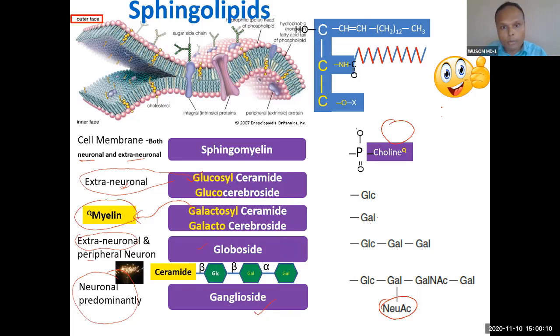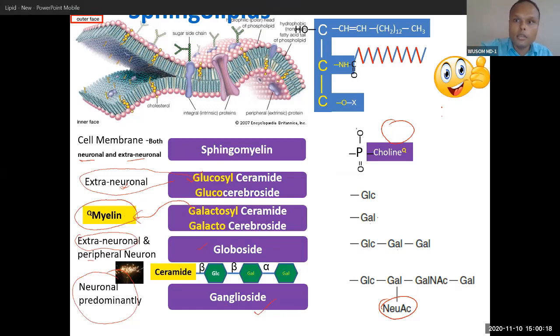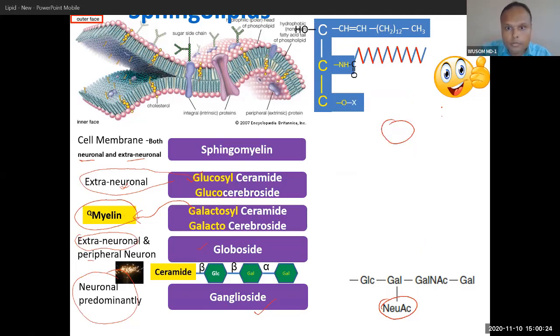So will you memorize? Glucosylceramide is present where? Extraneuronal.